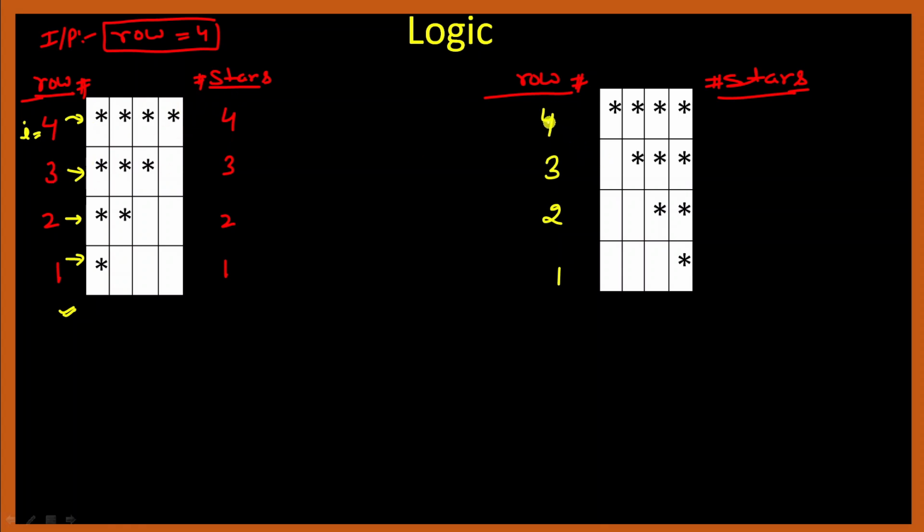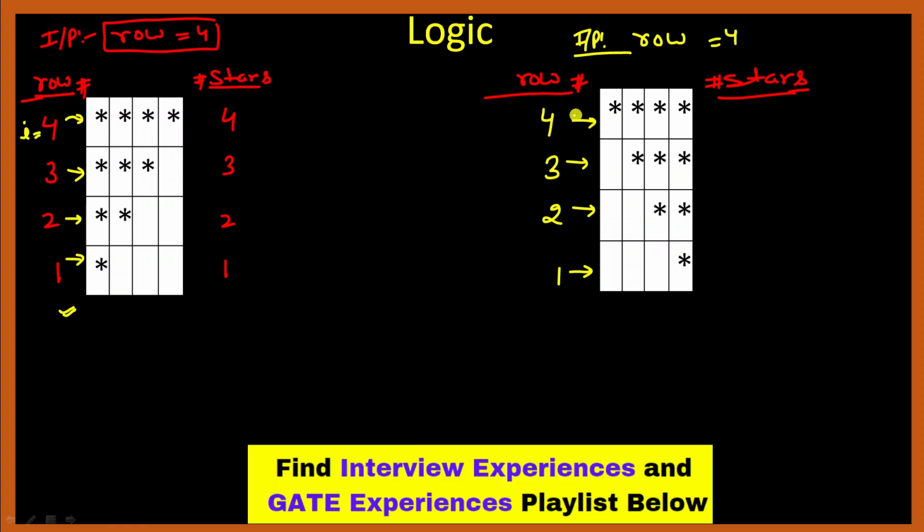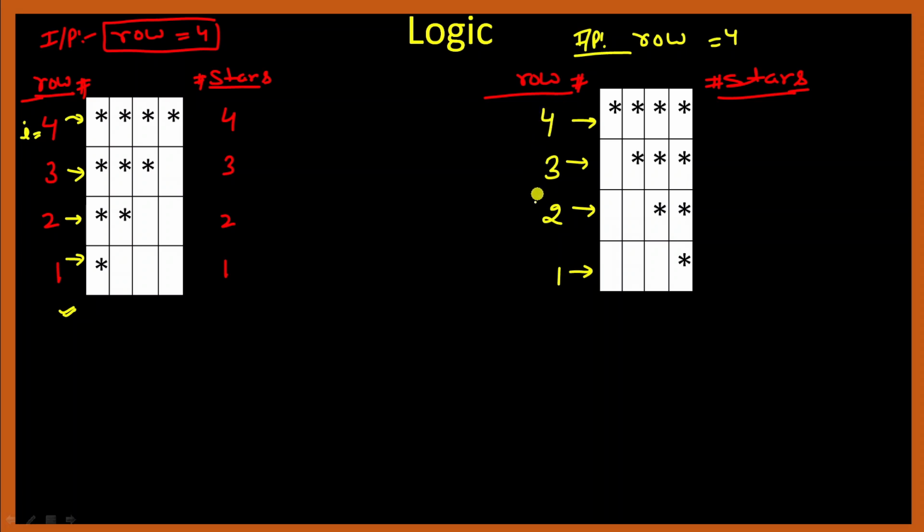Same here also, I will be treating this as row 4, row 3, then row 2, and this as row 1, and I am assuming that the input given by the user here is also 4. Same way, if the row count is given as 5 by the user, then in the first row 5 stars will be there, and I will number the rows 5, 4, 3, 2, 1.